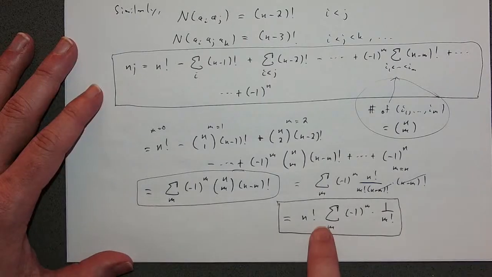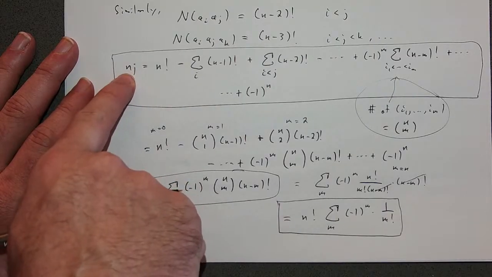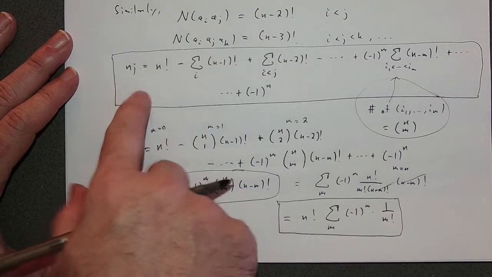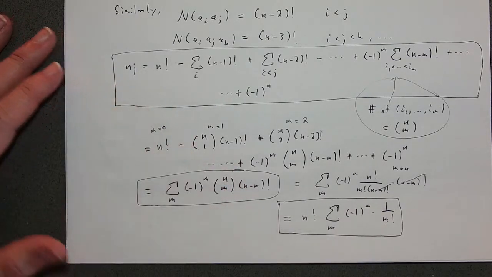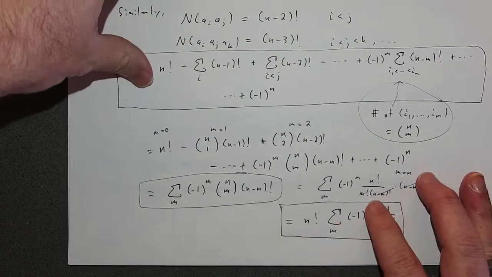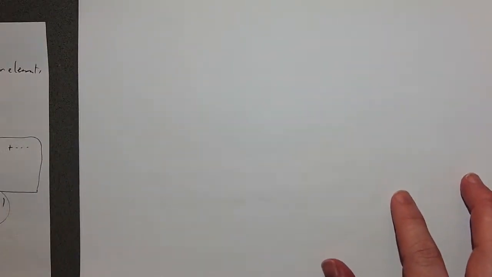So what was this, of course? This was the number of derangements, right? Thus, if I want to talk about the probability of no student getting their paper, let's move on so that I can rewrite this again.